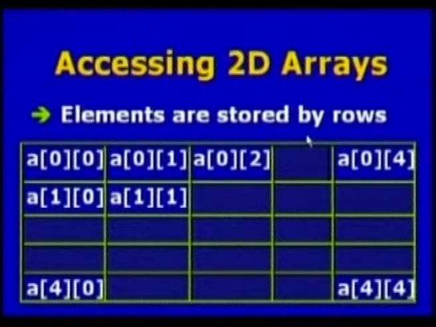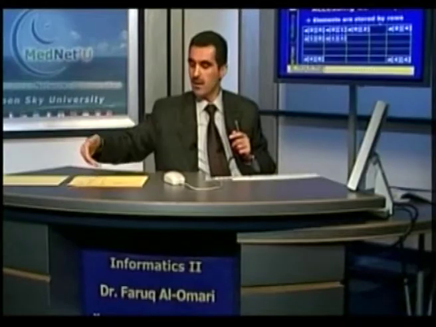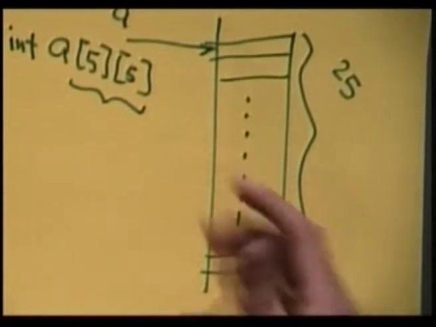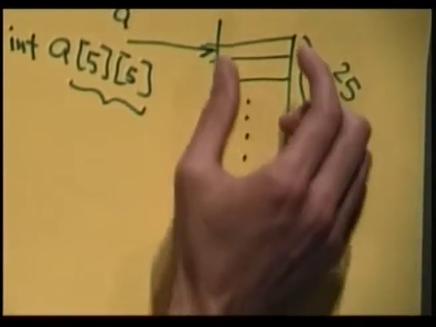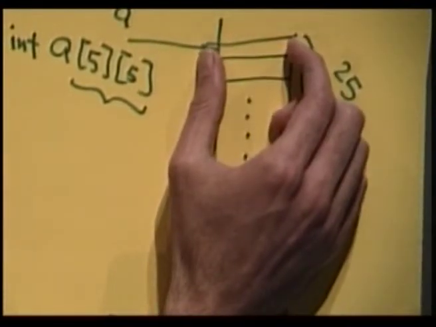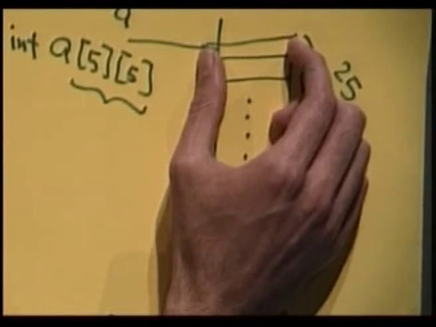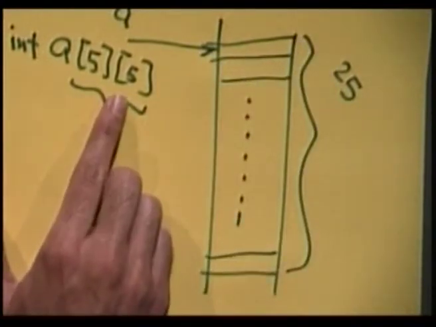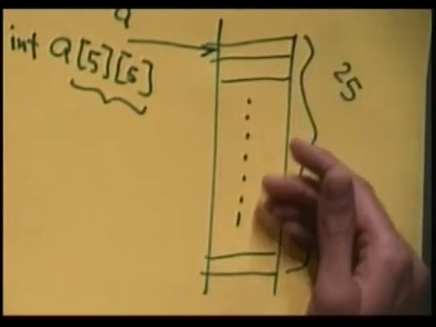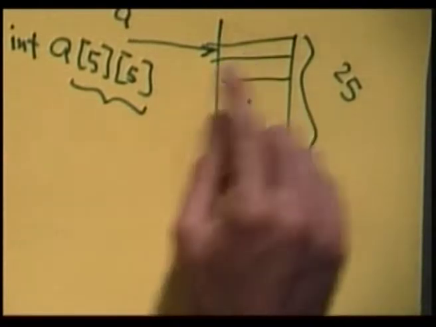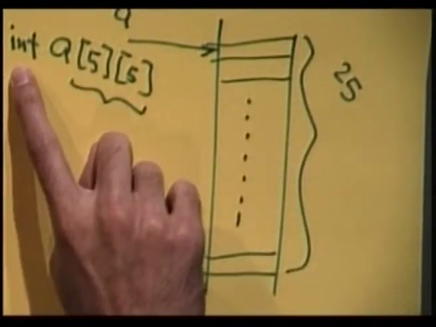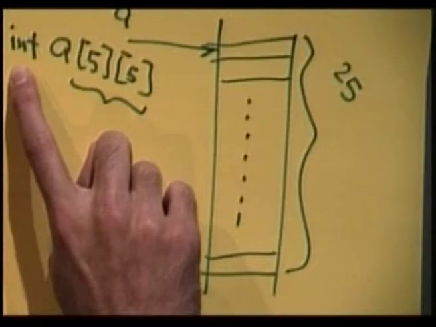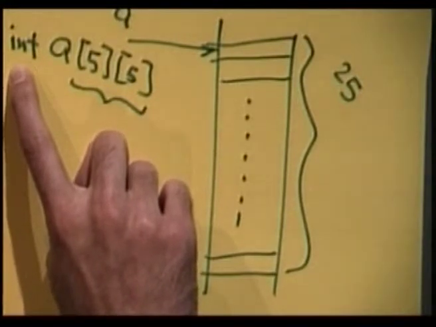Elements are stored by rows. In memory, I don't have a two-dimensional memory, but rather each location is 1 byte. So to reserve a location for memory, I would need to reserve 25 consecutive locations. Each location consists of 4 bytes in this case, though of course it depends upon the type of the array we're defining.